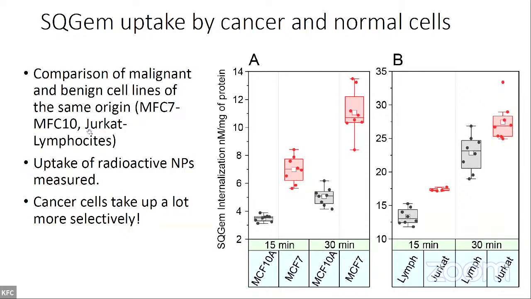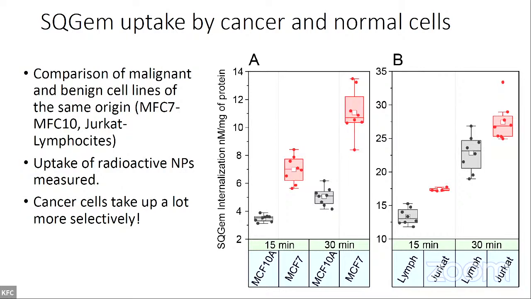If you look at the uptake of radioactive nanoparticles made of this gemcitabine squalene, you will see immediately that the uptake is much higher for cancer cells in all the pairs. Depending on the incubation time it increases, but this gap stays the same. So cancer cells take up a lot more drug if you're using these gemcitabine squalene conjugates.